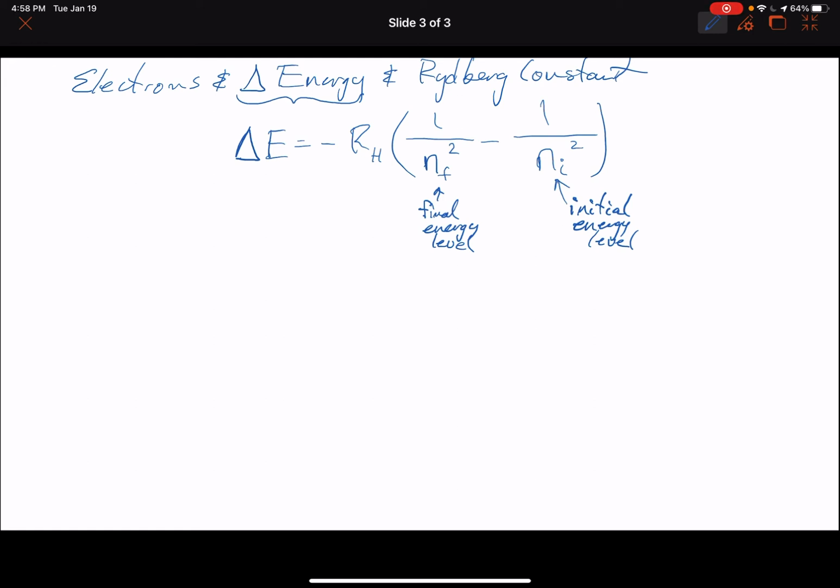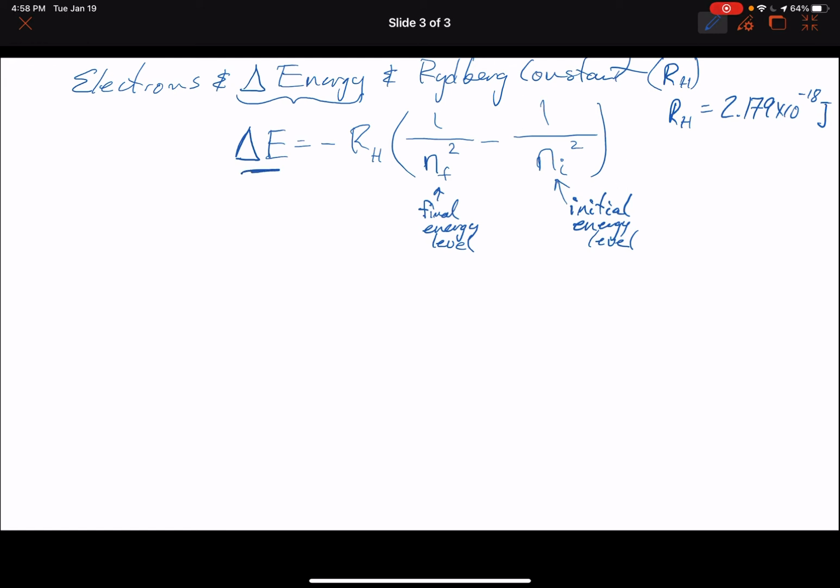The Rydberg constant, R_H, the Rydberg constant value, is equal to 2.179 times 10 to the minus 18 joules. This should make sense to you.